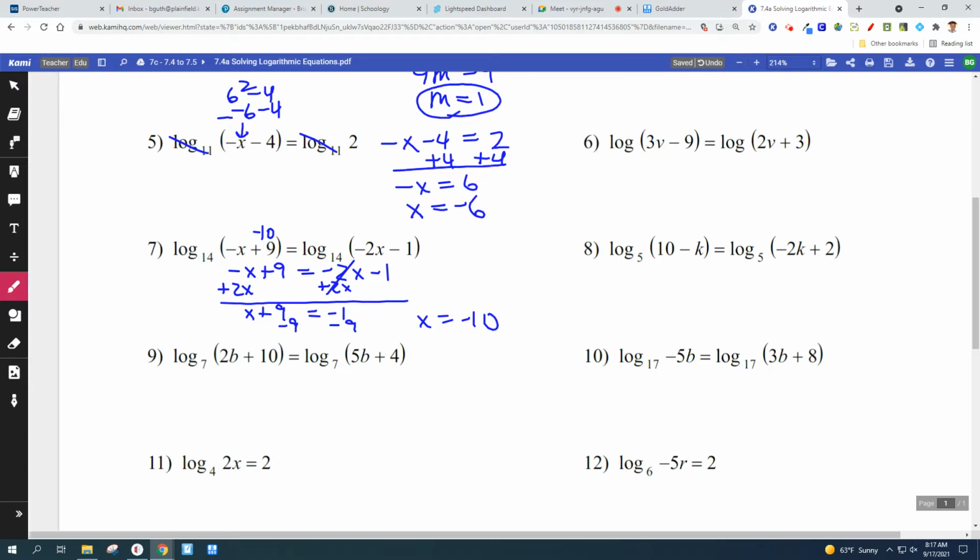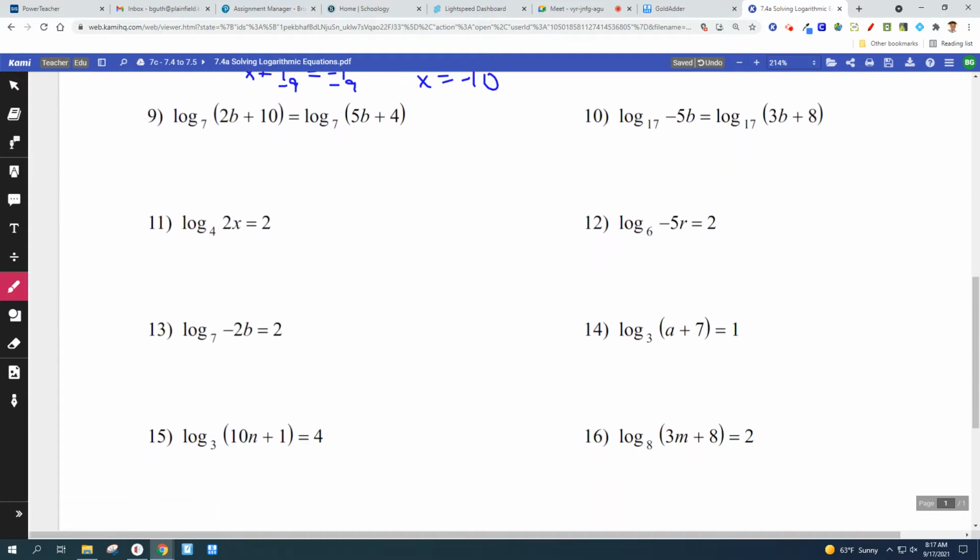If you put in a negative 10 right there, you have negative 10 plus 9. That's going to be 10 plus 9, 19. That's cool. If you have negative 2 times negative 10, that's 20 minus 1. That's 19. Okay, we're in good shape.